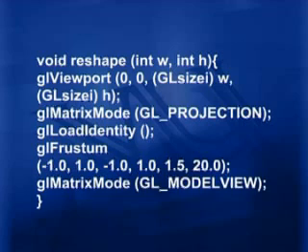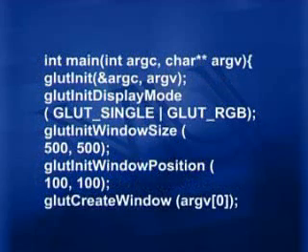glMatrixMode GL_MODELVIEW. Integer main using integer argc and char pointer argv, glutInit ampersand argc comma argv, glutInitDisplayMode GLUT_SINGLE or GLUT_RGB, glutInitWindowSize 500 comma 500, glutInitWindowPosition 100 comma 100.